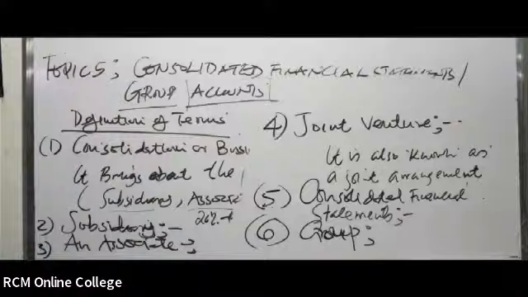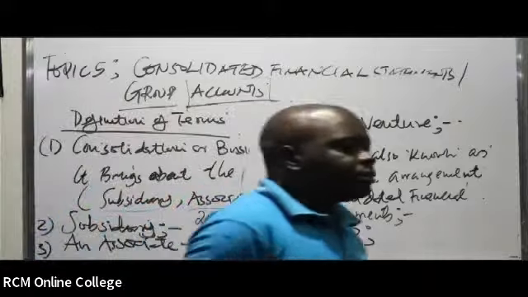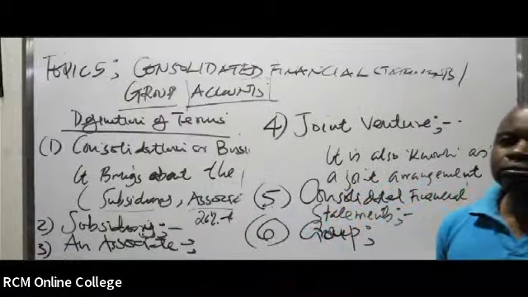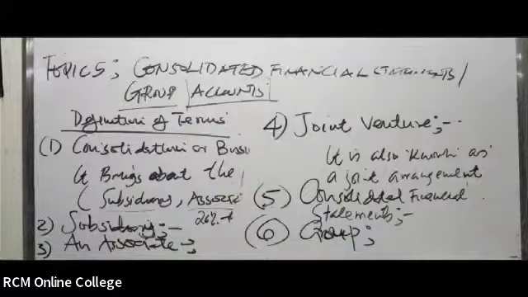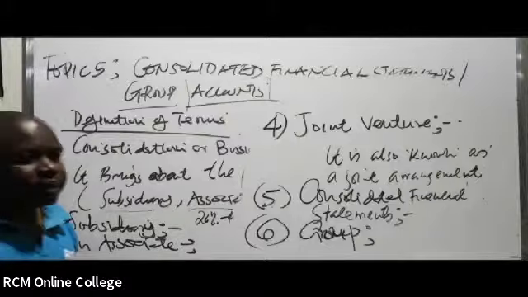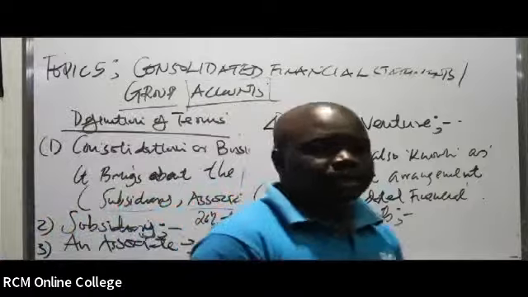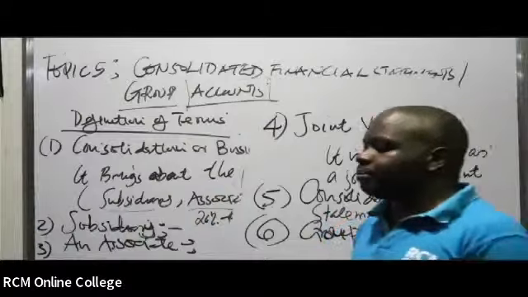So how will you know the parent company? It is the one that has acquired 50%. The parent company is the one that has been able to acquire 50% in the other one. In all situations, the one that has acquired in the other one is what we call the parent company.